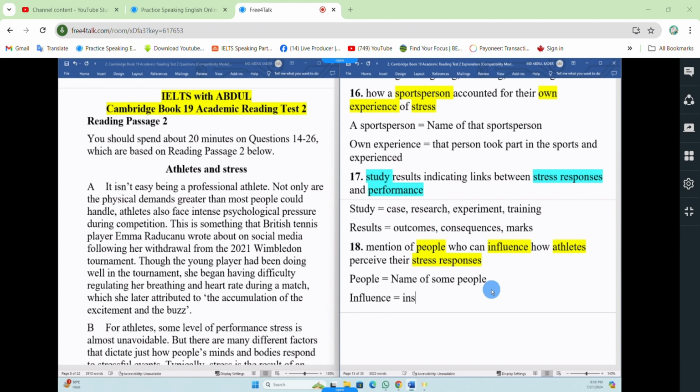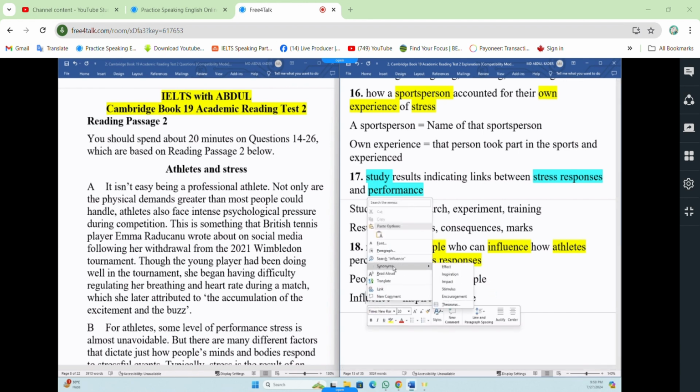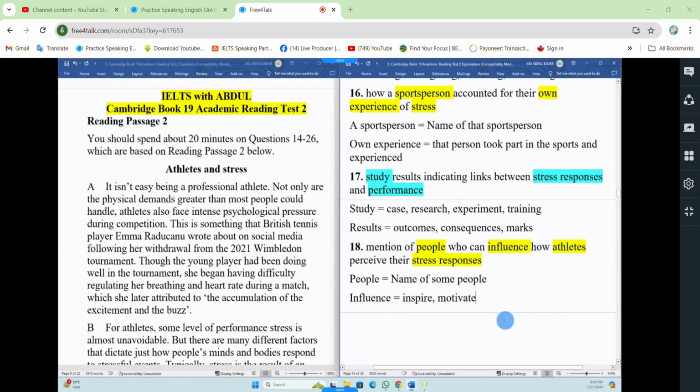Influence means inspire, motivate. What should be other words? Impact, encouragement, effect, effects, encouragement. So these are the words we should consider instead of influence.